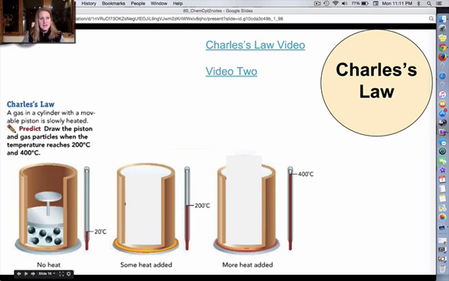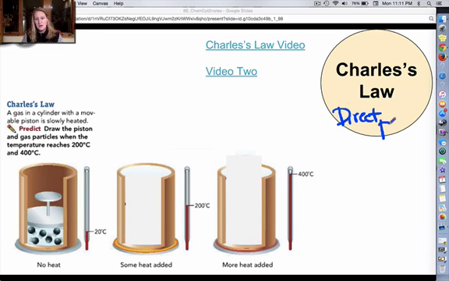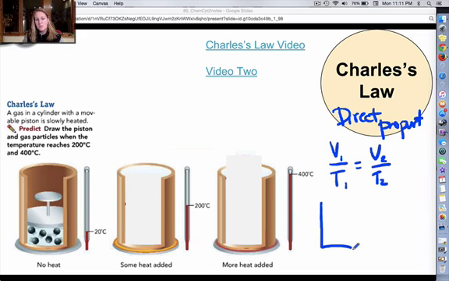Charles says he's a direct proportion guy, and his equation says this, that V1 over T1 is going to be equal to V2 over T2. So again, we have an initial scenario and then a final scenario. If you were to draw a graph for a direct proportion, as one is going up, the other is going up.